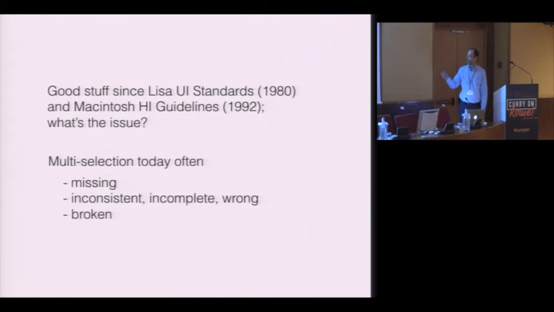So many times, multi-selection, where it should be present, is not. Where it should be consistent, we should work the same way everywhere. It's our standard vocabulary of interacting with GUIs. It's inconsistent, it's often incomplete, it's often wrong or broken. By broken I mean buggy, and by wrong I mean it's just ill-advised, bad design choices.